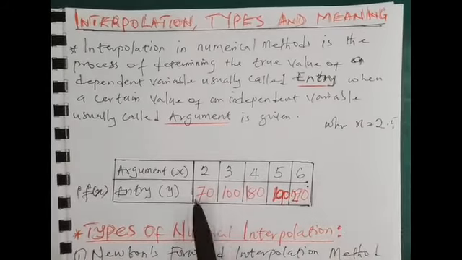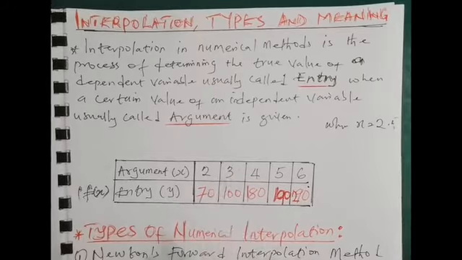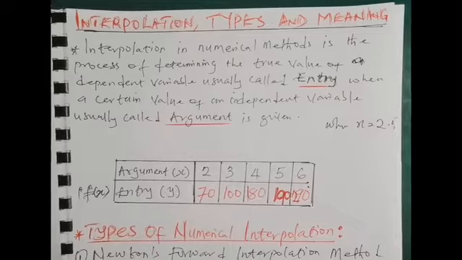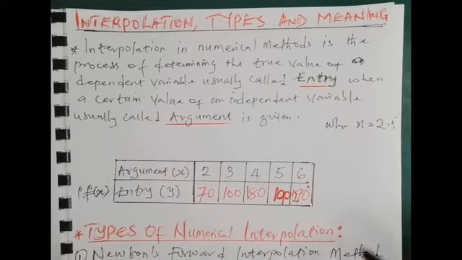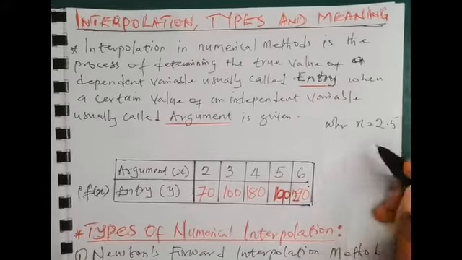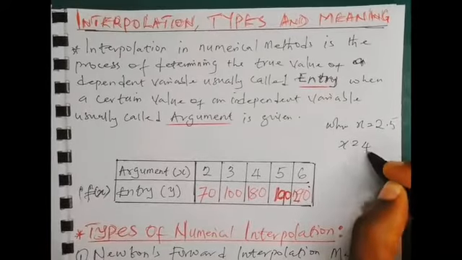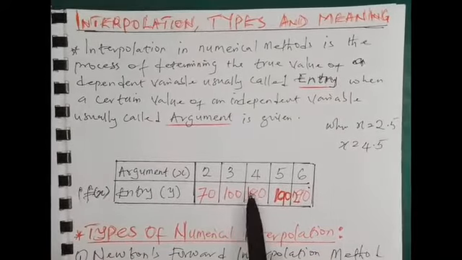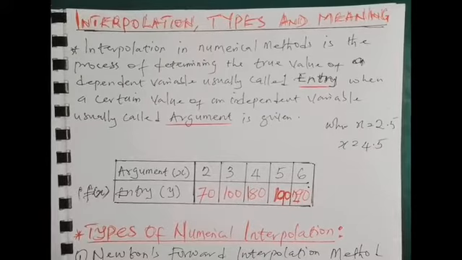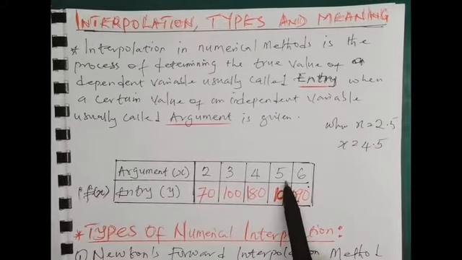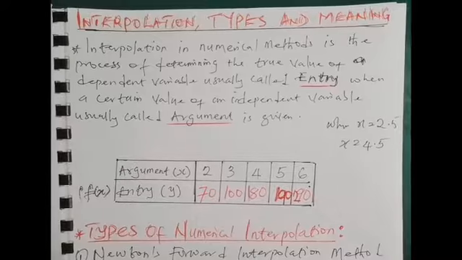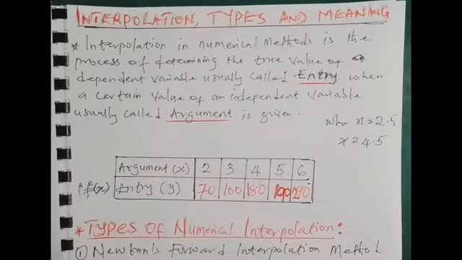Rather, 2.5 lies between 2 and 3, which means we are to employ what is called interpolation in numerical methods. Now, let's also say we are asked to find y when x is 4.5. Again, there is no 4.5 on this table. Rather, 4.5 lies between 4 and 5, which means we are going to be employing the interpolation approach to solving this problem.